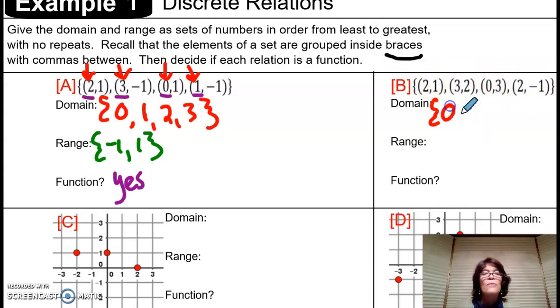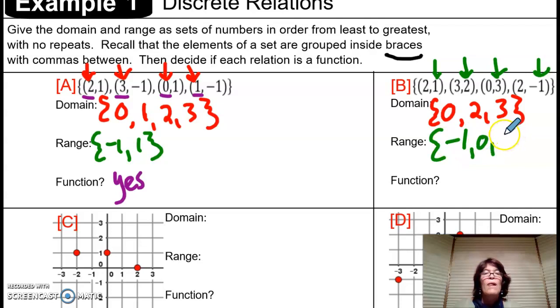So if I'm supposed to go in order from smallest to biggest, I'll say I have 0, 2, and 3. The range are the y coordinates. The y coordinates are 1, 2, 3, and -1. I'm supposed to put them in order from least to greatest, so I'll go -1, 0, 1, and 2.